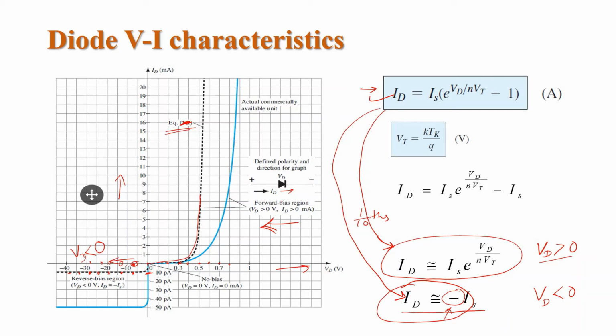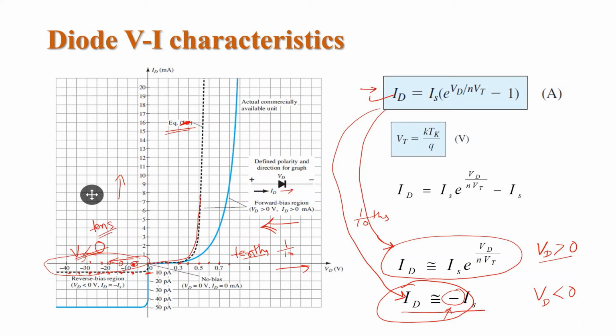And for VD less than 0, if you see the VI characteristics, we are increasing the VD in the negative direction in tens of volts. In the forward region we increased in tenths, that is 1 by 10. But here, when VD is less than 0, for this portion of the graph, we are increasing the VD in the negative direction in tens of volts.